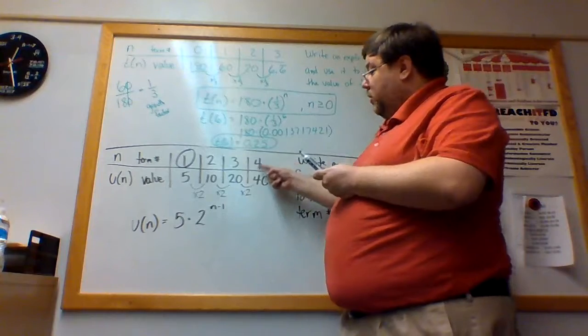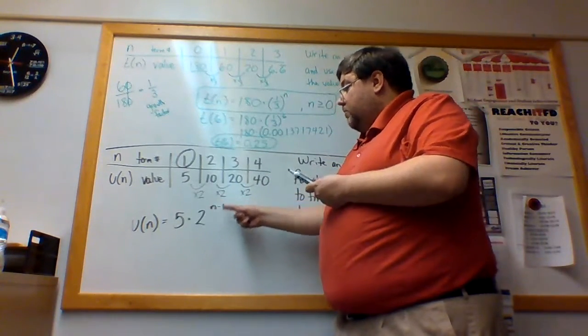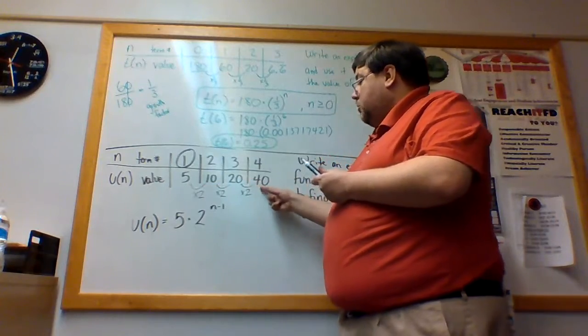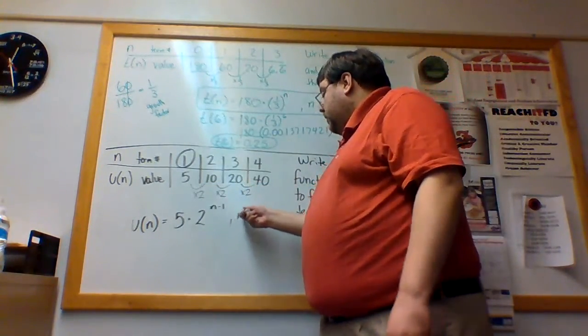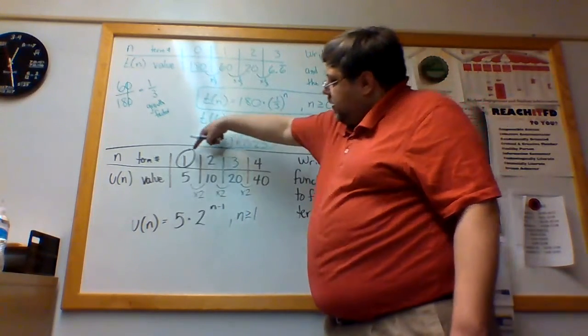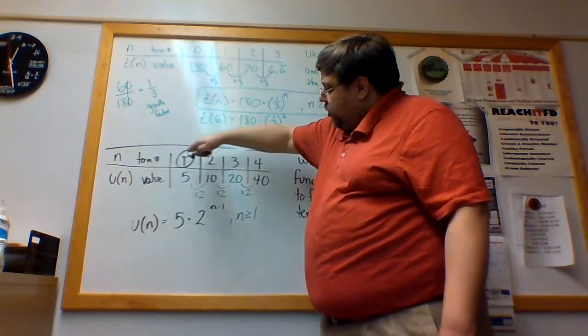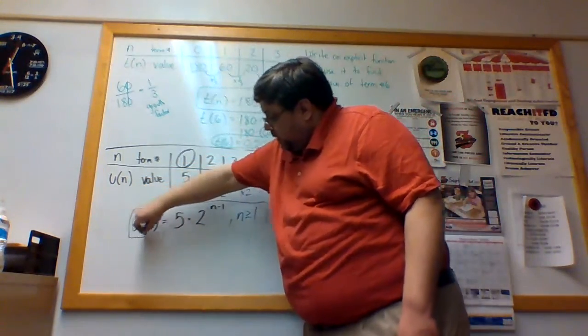And term 4, put in 4 there would make an exponent of 3. And you can see term 4 we had to multiply by 2 3 times. So that works. My domain then says it works when n is greater than or equal to 1. Again, because we started from that term number 1 there.